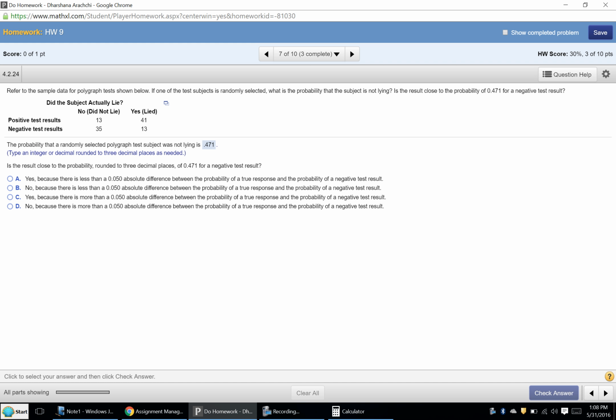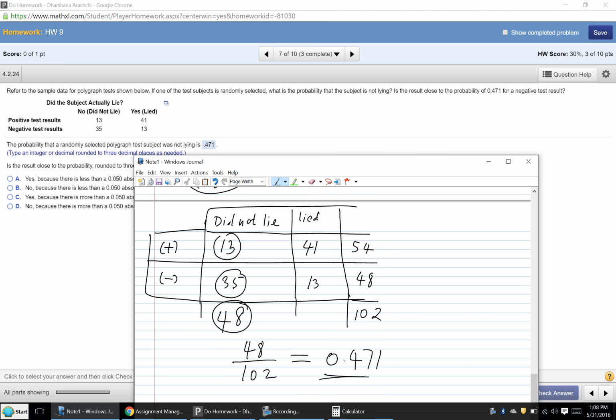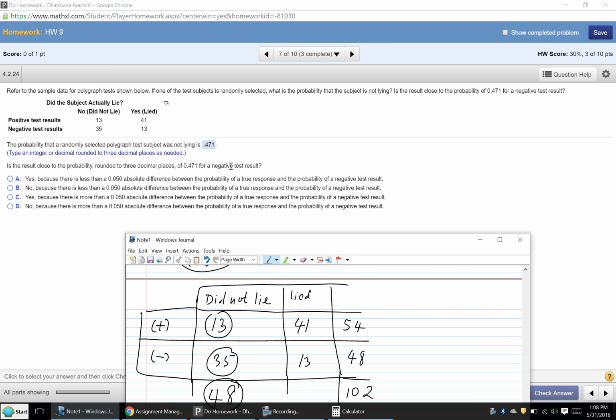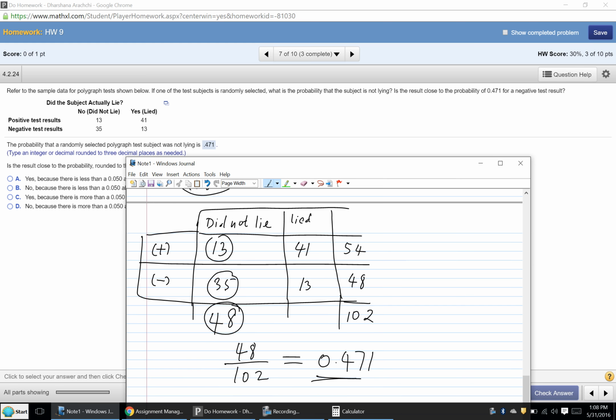Let's see, is the result close to the probability, rounded to 3 decimal places, that we got previously for negative test results? Let's find out the probability of getting negative test results. Let's go back here. It asks about negative, so is this probability 0.471 close to the probability of selecting a negative test result? I'm going to use a different color.